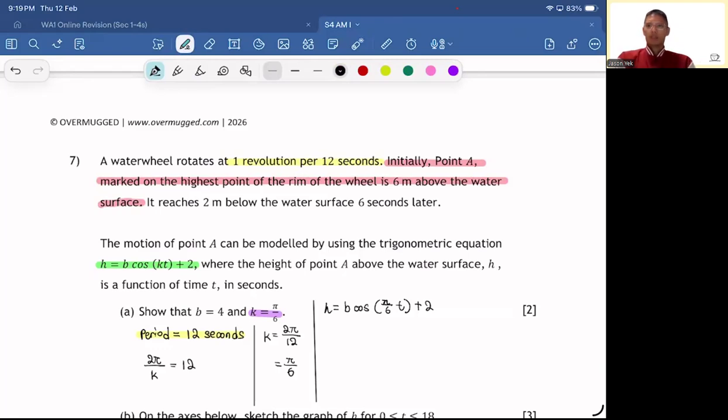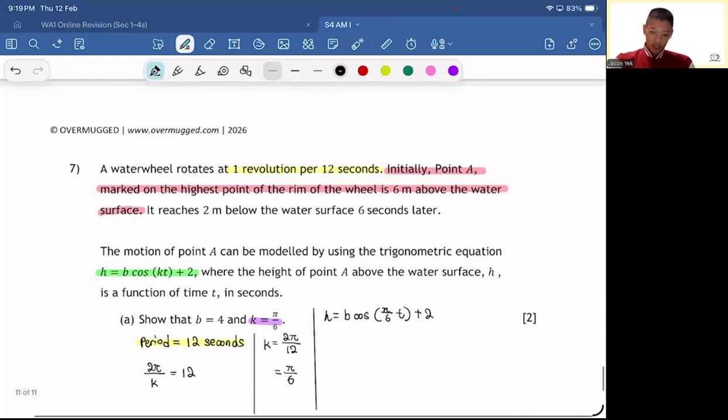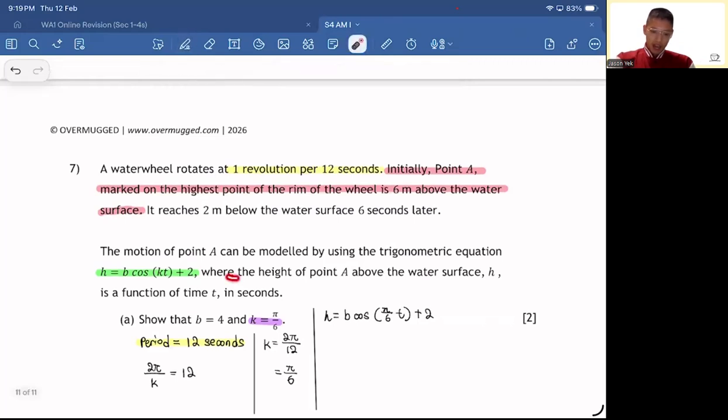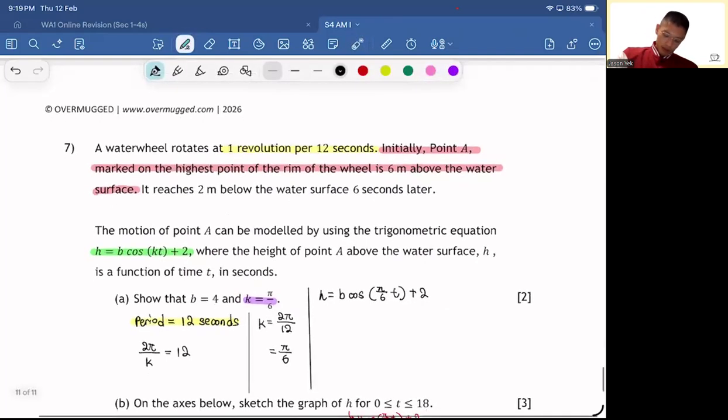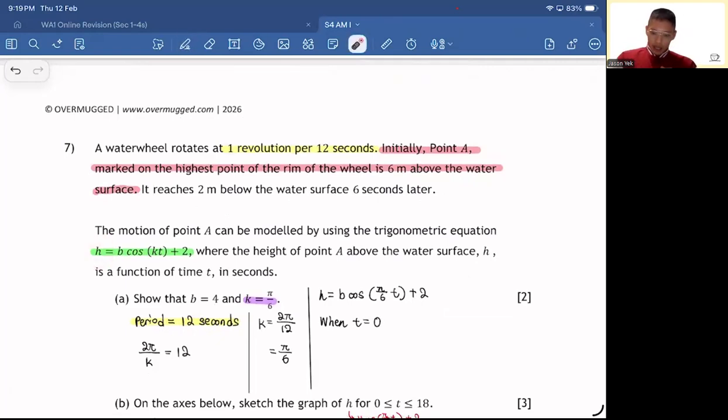Initially, okay, based on the context here, has time passed? No, right? When t is 0, look at what the height means. Above the water surface, already tells you how much it is.